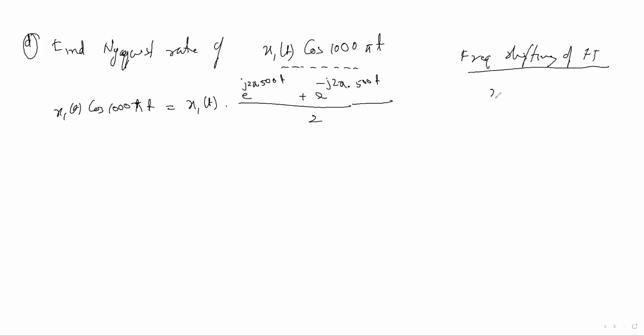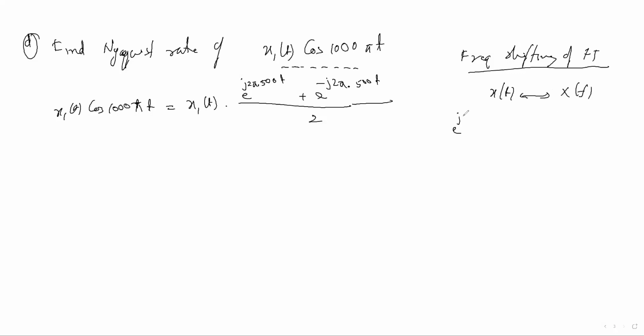There, if x(t) has a frequency domain representation x of omega, then if you multiply by e to the power j 2 pi f1 t, please write in terms of f, then there will be no confusion.